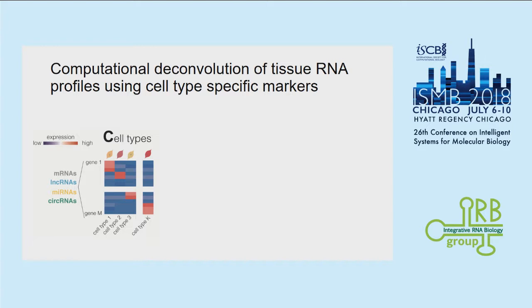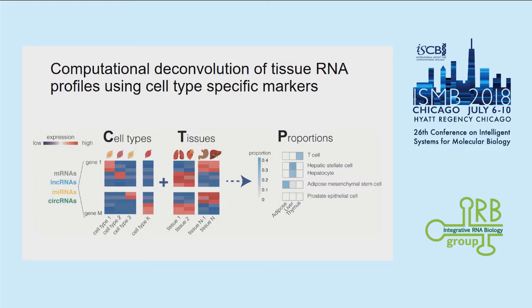So the idea is that we can select cell type specific biomarkers from the different RNA fractions, and then we can evaluate the expression of those biomarkers across tissues, and then through computational deconvolution, we can get the proportions of those cell types in each tissue. Then for a given tissue, we define the signal as the sum of the proportions of the cell types that are components of that tissue.